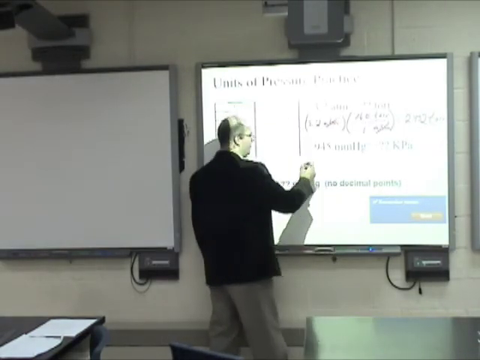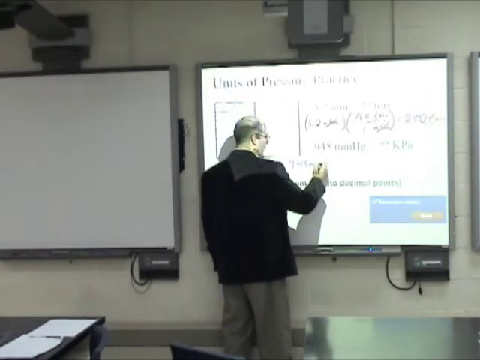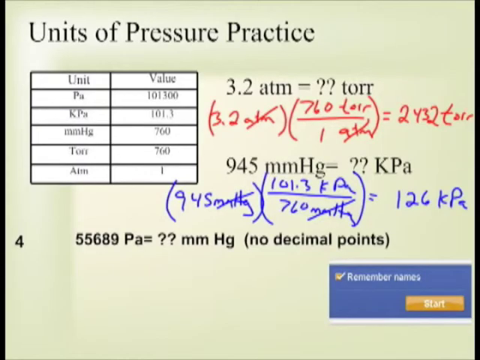Along that same line, 945 times 101.3 divided by 760, millimeters of mercury cancel, and that will give you 126.